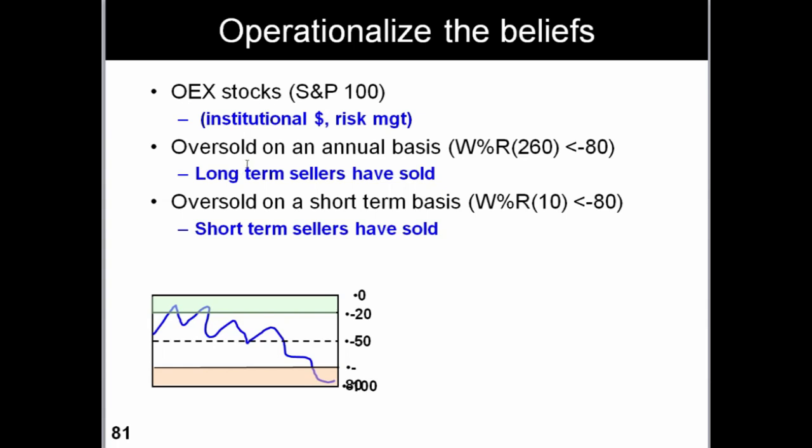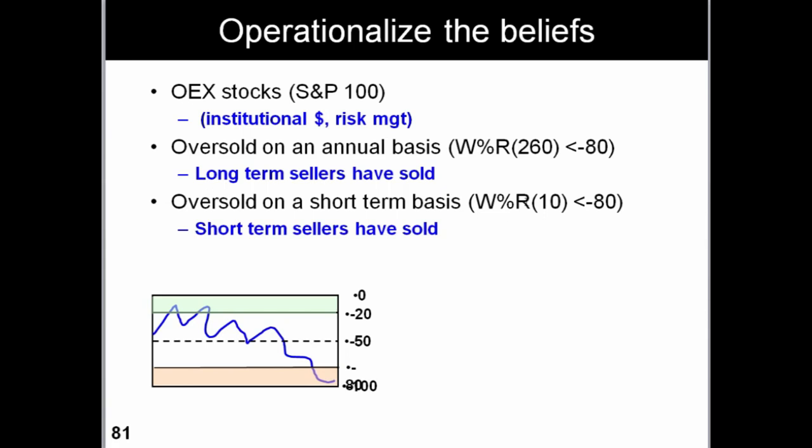Now, to buy them when long-term sellers have sold, what I'm going to use is Williams percent R260. That's a year's worth of data. And it has to be less than minus 80, meaning that it's extremely oversold on an annual basis. And then I want them to be oversold on a short-term basis.